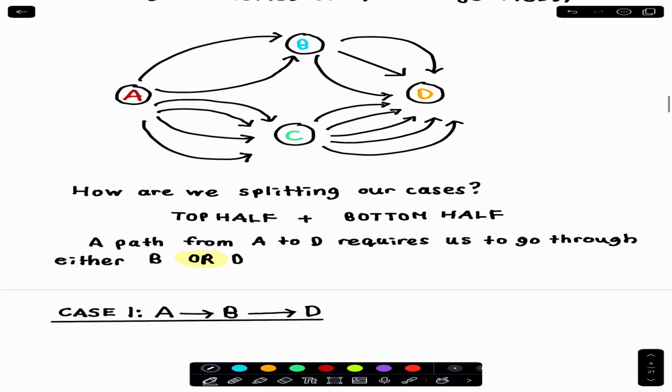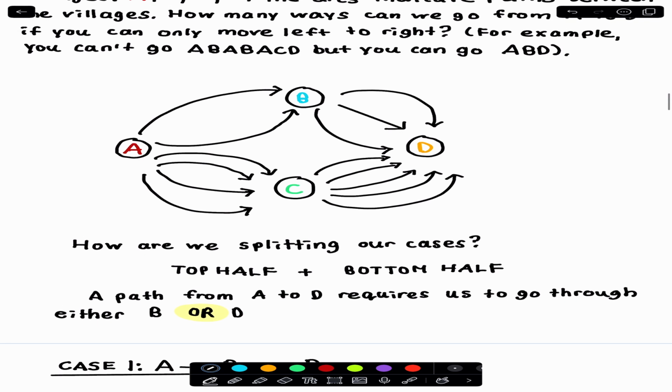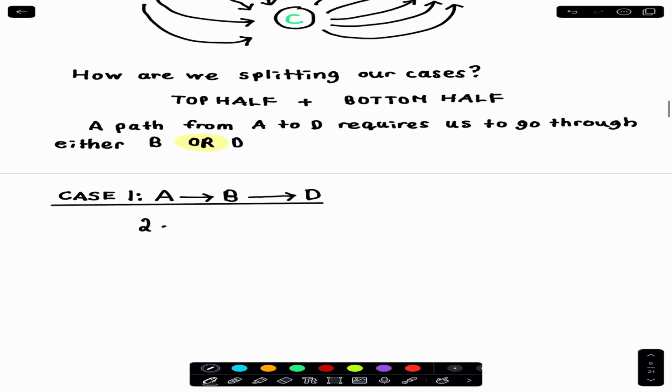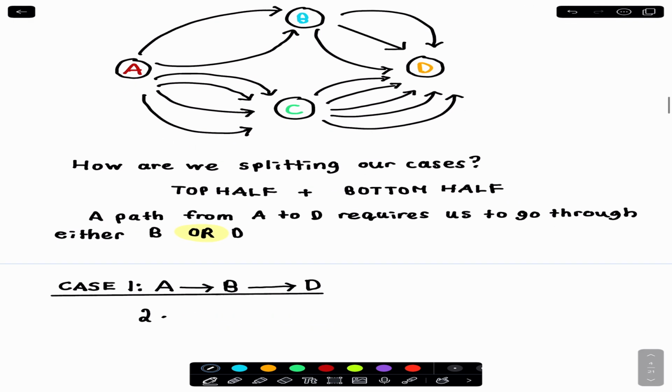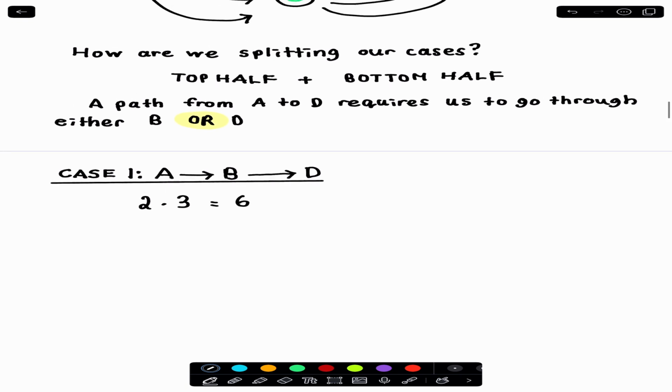Okay, so let's count this. So first, the number of paths from A to B. You can see we have 2 choices for that. And then for each of these 2 choices, we have 3 choices for the path to take from B to D. This means overall, there are 6 paths from A to D that go through point B.